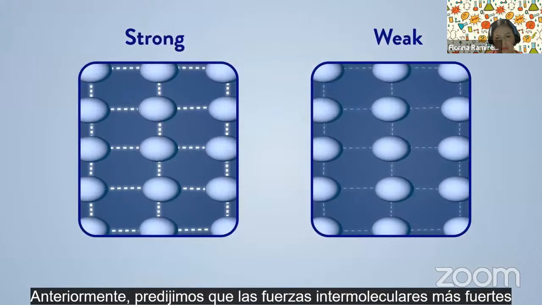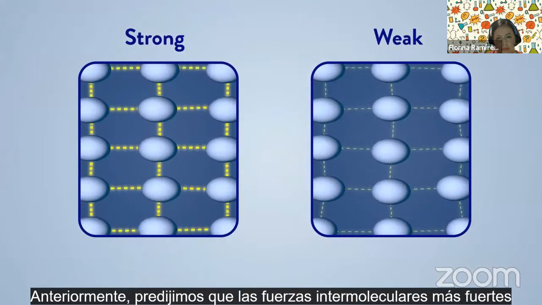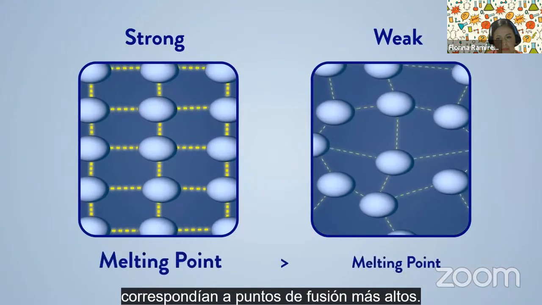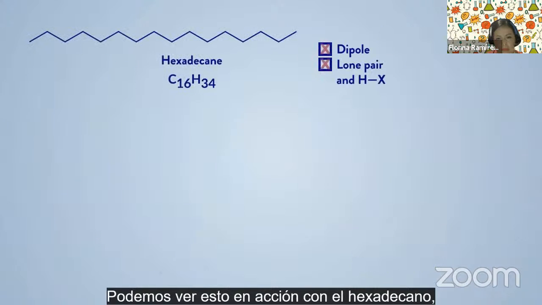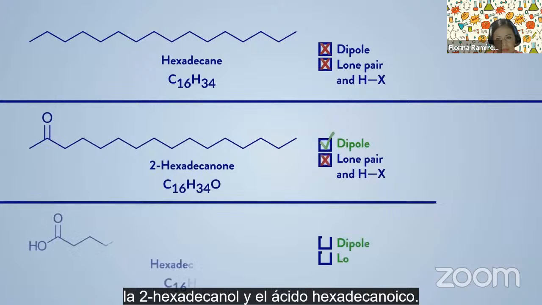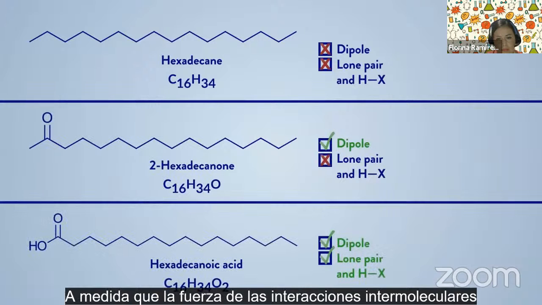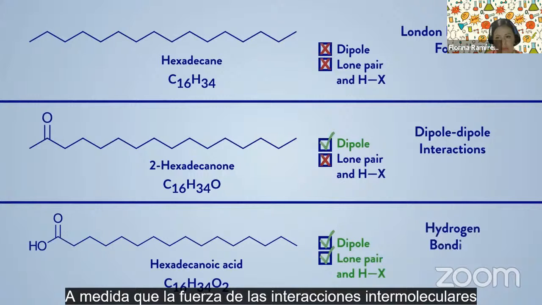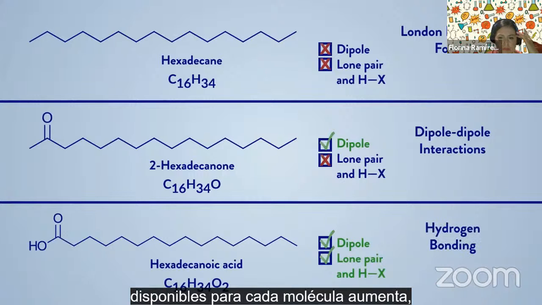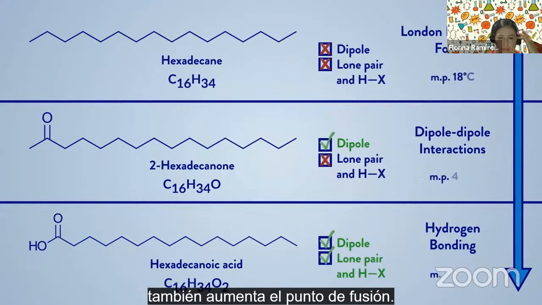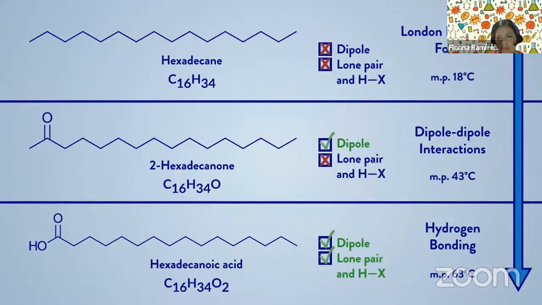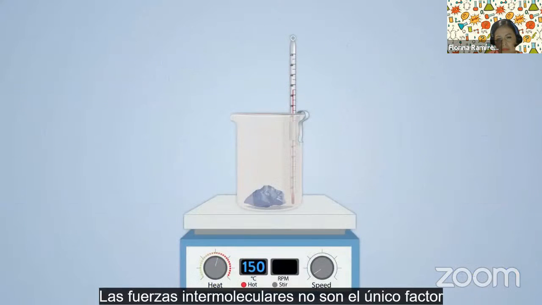Earlier, we predicted that stronger intermolecular forces corresponded to higher melting points. We can see this in action with hexadecane, 2-hexadecanone, and hexadecanoic acid. As the strength of the intermolecular interactions available to each molecule increases, so does the melting point. Intermolecular forces aren't the only factor that determines the melting point of a substance.